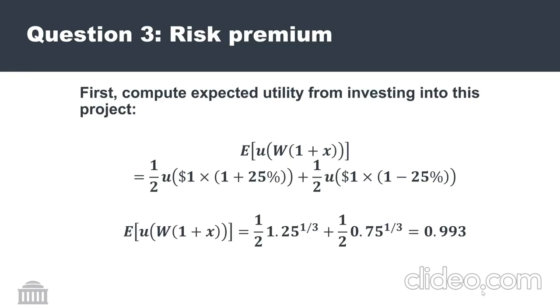Given that the first investor has a cube root utility function, for her this expected utility becomes 1/2 multiplied by 1.25 raised to the power 1 over 3 plus 1/2 multiplied by 0.75 raised to the same power 1 over 3. And this gives us 0.993.